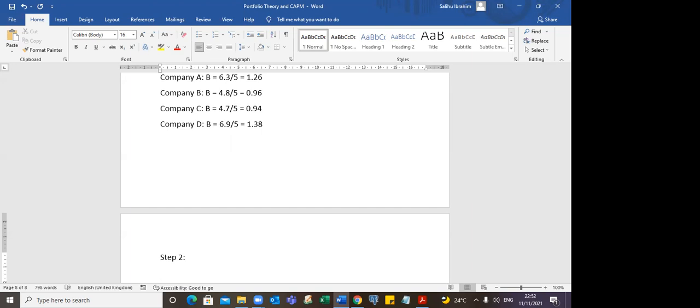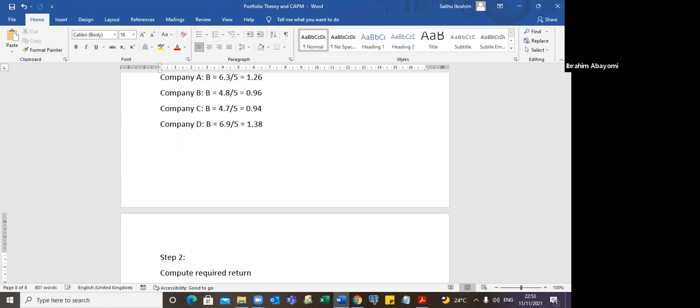Now, step 2, we have to compute the required return. Compute required return.